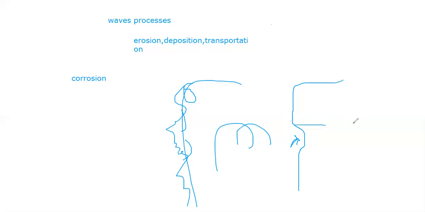So this is an area of soft rock, and this area is more vulnerable to chemical weathering, or more vulnerable to being dissolved. So what sometimes happens is that it cuts this section. Sometimes that's what happens, right? Now this is what we call corrosion.